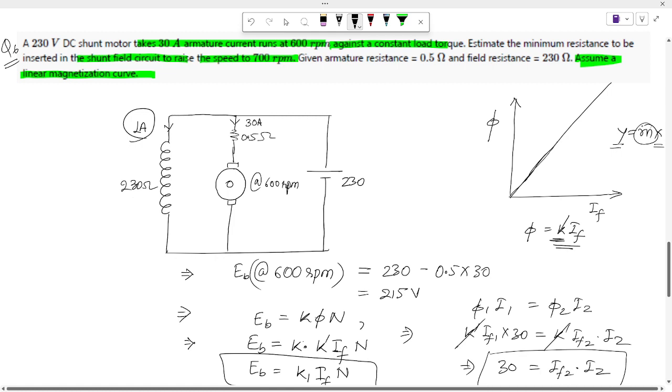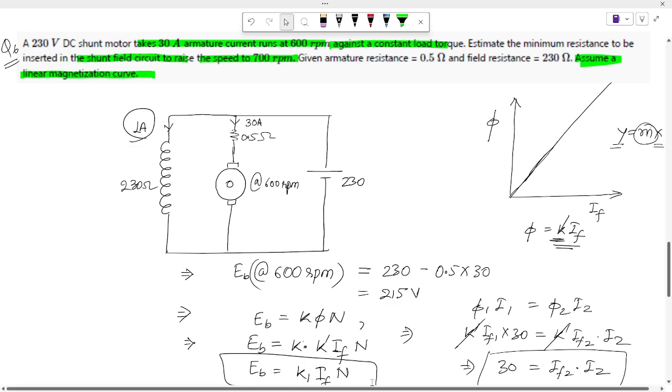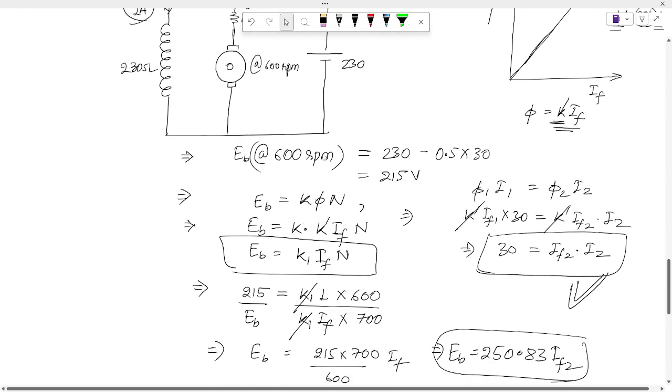From there, at 230 volt, the armature current drawn at 600 rpm is 30 amp. So first we calculated Eb at 600 rpm, and we got 215 volt.